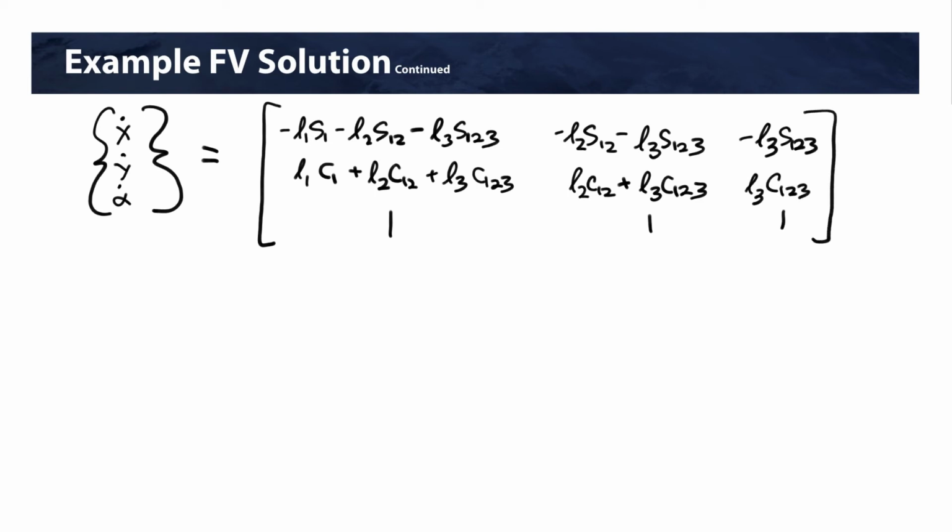Then this is times our vector of joint rates, which is theta 1 dot, theta 2 dot, and theta 3 dot. So that's those three equations on the previous slide put into matrix form.